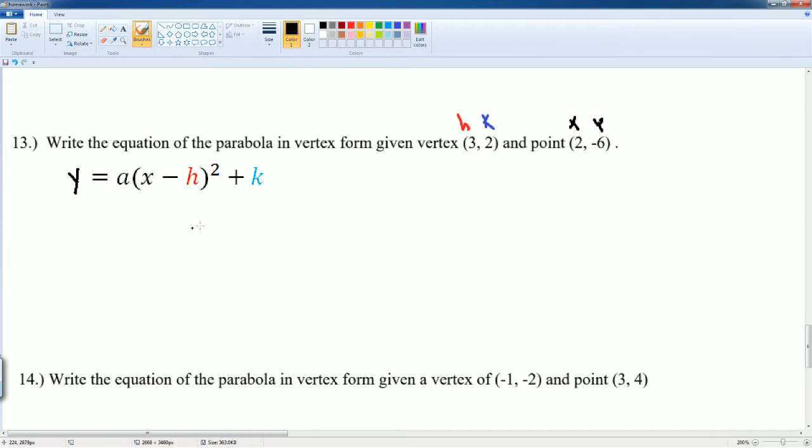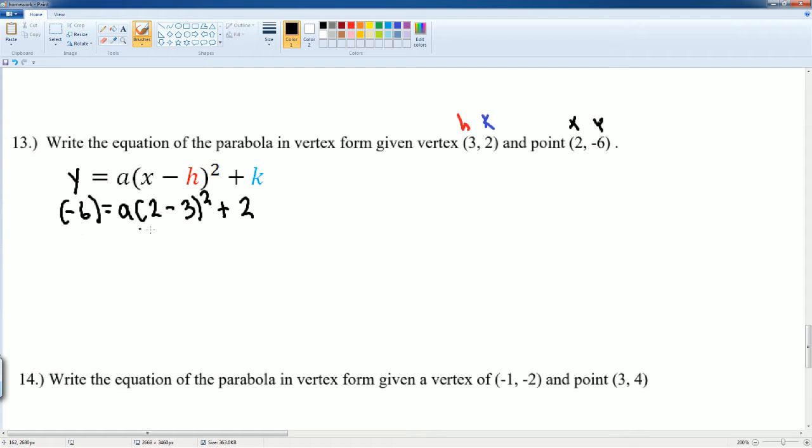Okay, so now let's make that substitution. Our Y was -6. Do we know our A? No. Do we know our X? Yes, 2. Minus H is 3, squared, plus K is 2.